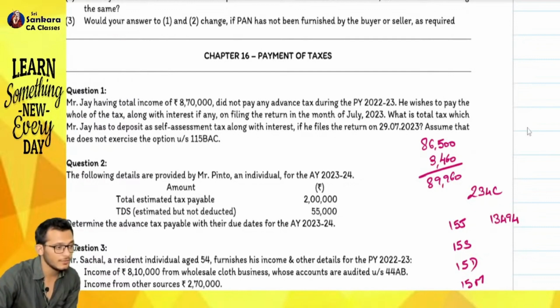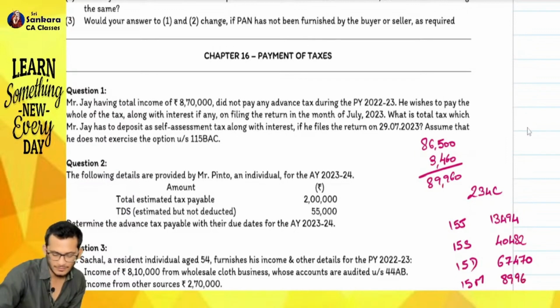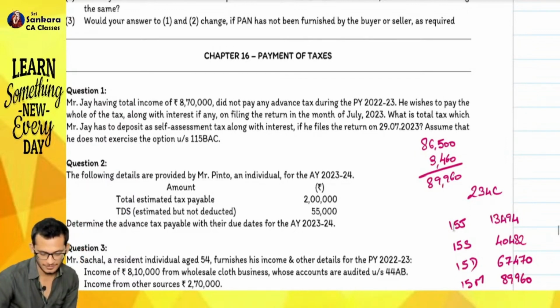Then 45%: 40,482. Then 75%: 67,470. Last one is wonderful, using calculators for this.